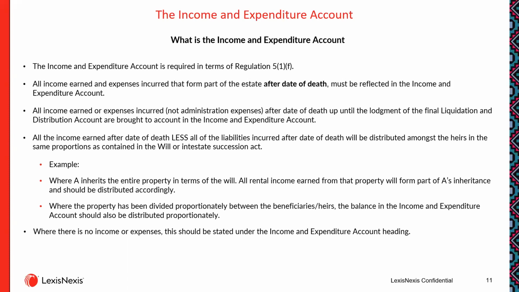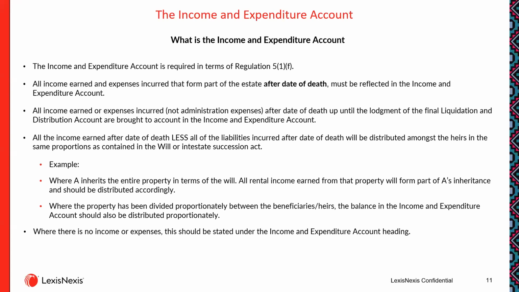So let's look at an example of how the distribution in our income and expenditure would take place. Where A, for example, inherits a property in terms of the will, which we have distributed in our distribution account, any rental income generated from that property after date of death will form part of A's inheritance and should be distributed to A in our income and expenditure account.